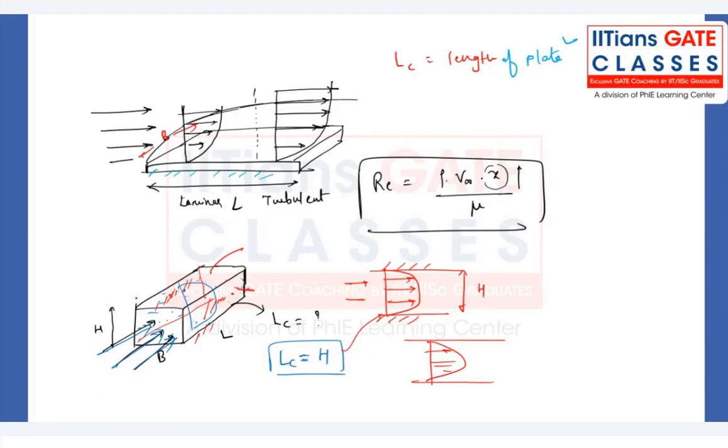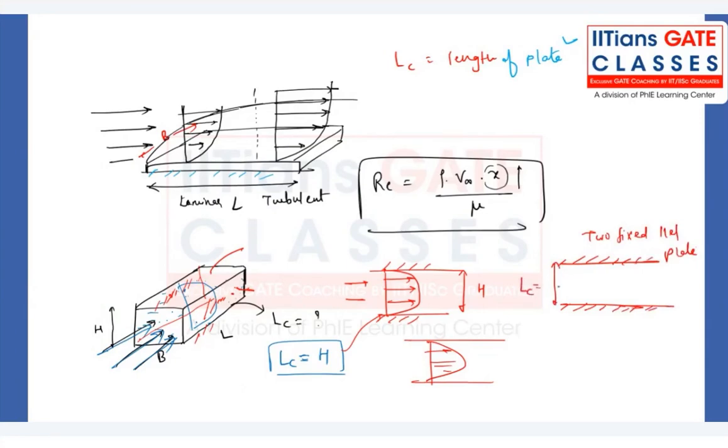Now, when I take the example of Couette flow, what about the system characteristic dimensions? Suppose we have two fixed parallel plates. Now tell me which are the important characteristic dimensions.